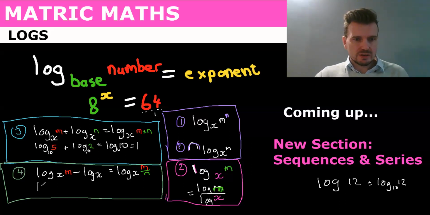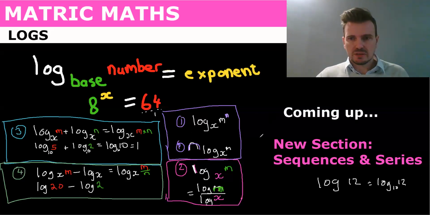So say I get log 20 minus log 2. Say that was a 20 here, and this is a 2 here.